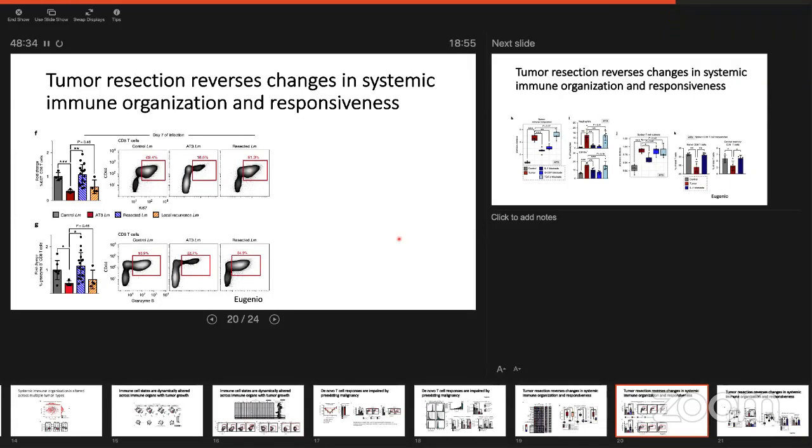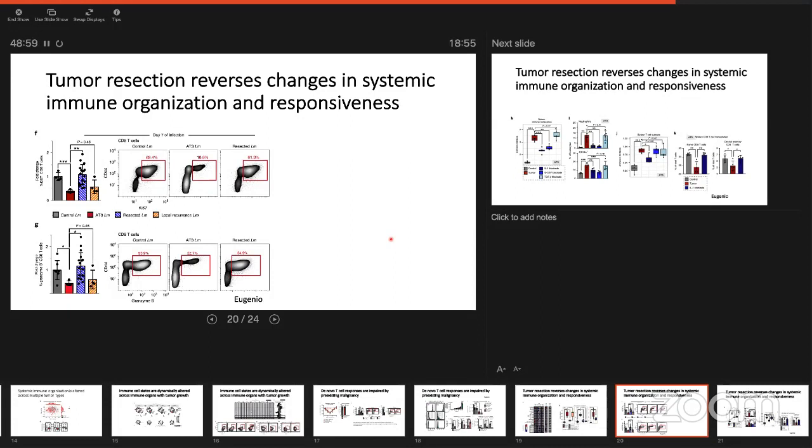Here, sorry. In F, we're looking at the full change of proliferating T cells after the rejection of the tumor, surgically taken out, and then, correct me if I'm wrong, Camille, after you do the challenge with Listeria, right?